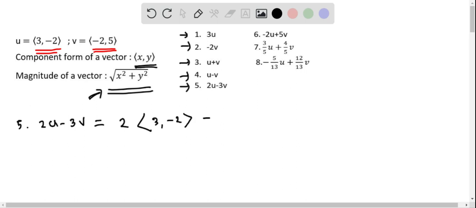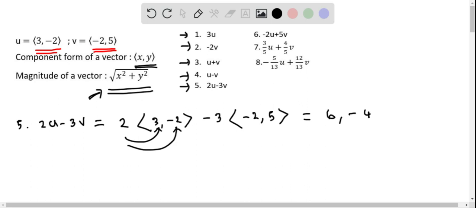We have minus 3 times of v vector, that is minus 2 comma 5. So first let's distribute the 2 like this. We have to multiply. 2 times 3 is 6. 2 times minus 2 is minus 4. This is our first vector.